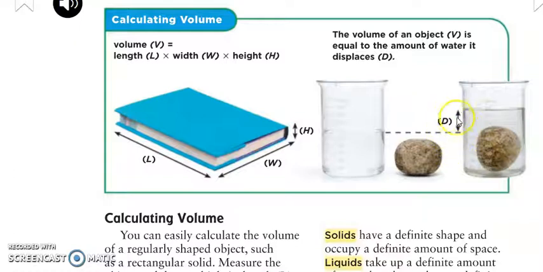For example, if we have 15 milliliters of water, the volume of the solid is 15 centimeters cubed. Okay guys, if we have 20 milliliters of liquid here, the volume of this solid is 20 centimeters cubed.